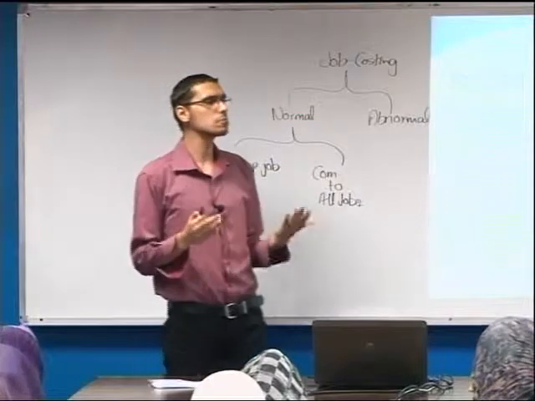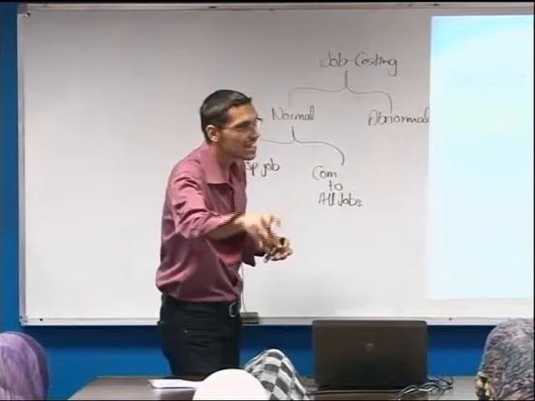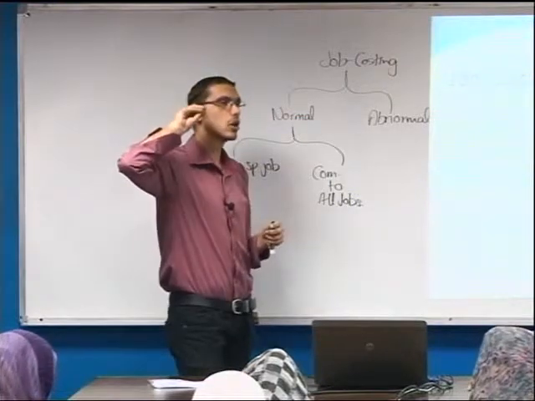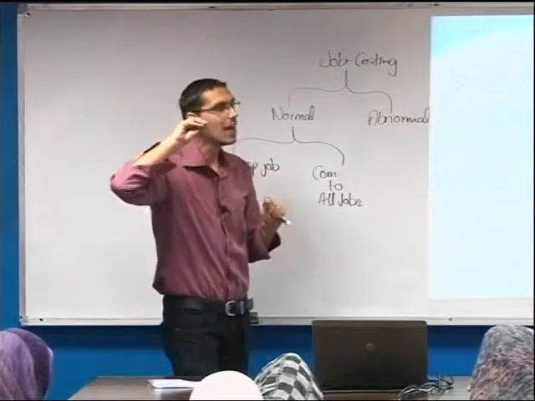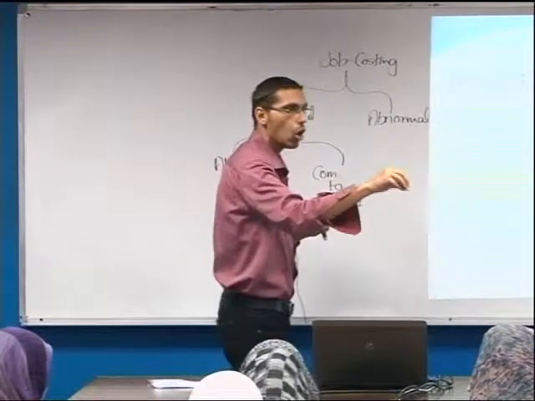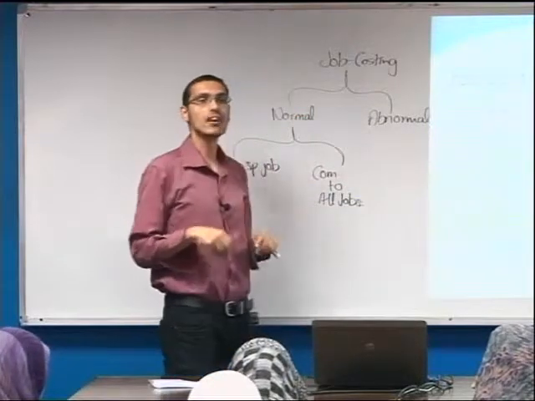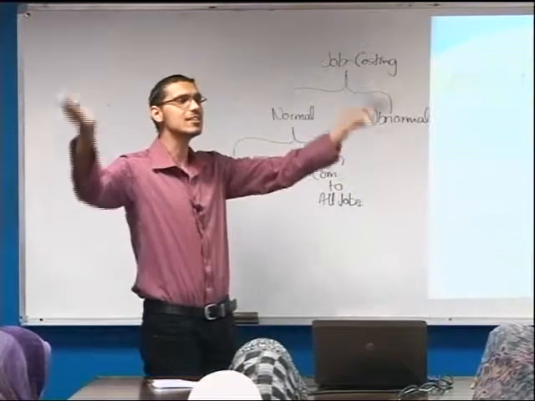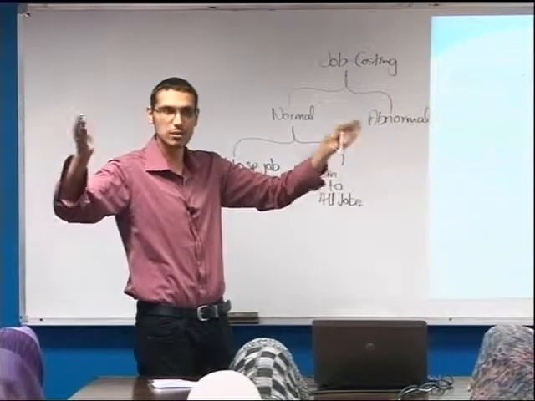Therefore, in this case, if we have normal spoilage that is common to all jobs, from an accounting perspective, we are going to take these costs of the spoiled units from that specific job and carry them onto the manufacturing overhead, which will be prorated among all the jobs that we have within a particular period.